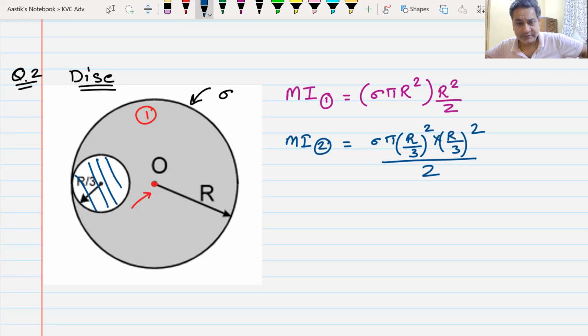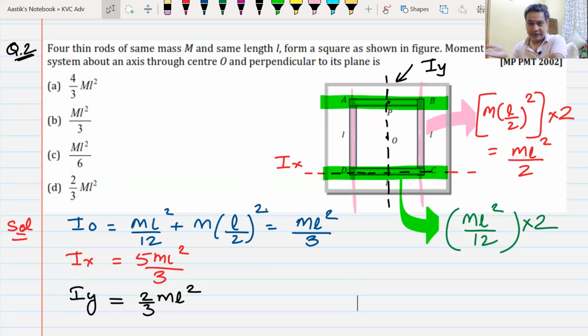Moment of inertia depends on what? Mass distribution of mass around the axis, and shape and size of the body. Why did I get so many different answers in this question?